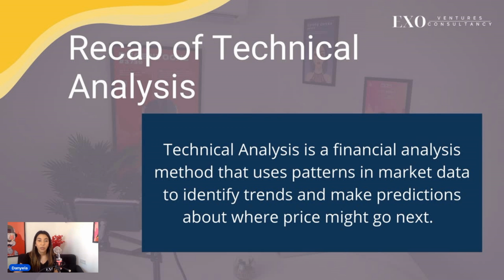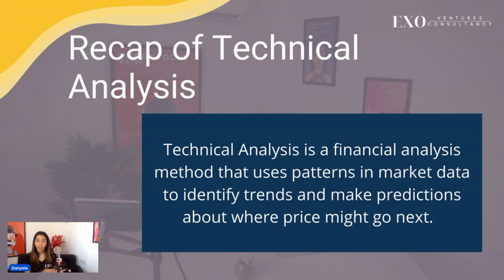Now let's do a short recap of the last TA for Beginners video, which was on technical analysis itself. What exactly is it? Technical analysis is a financial analysis method that uses patterns in market data to identify trends and make predictions about where price might go next.